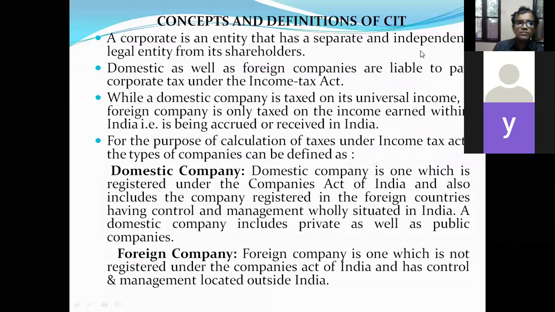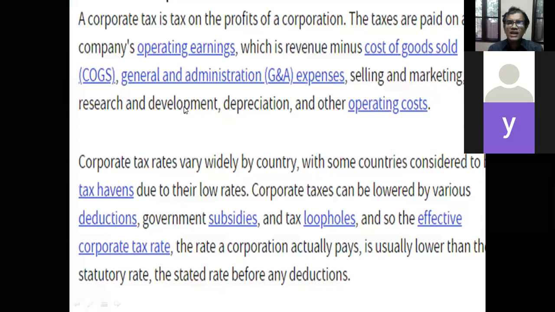Now coming to, so what is profit? On profits, a company has to pay tax. What is profit here? You have to understand that taxes are paid on companies' operating earnings. Operating earnings means cost of goods sold, COGS, and general expenses. These two you have to deduct from revenue.